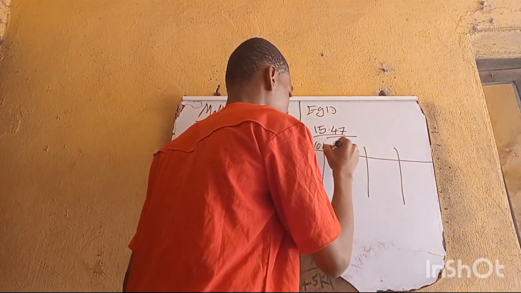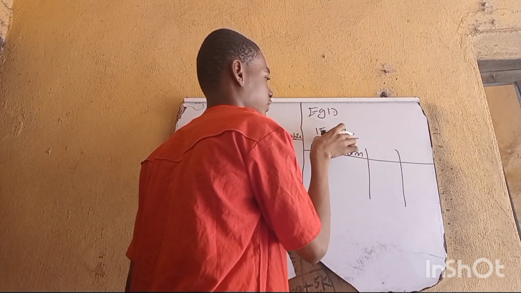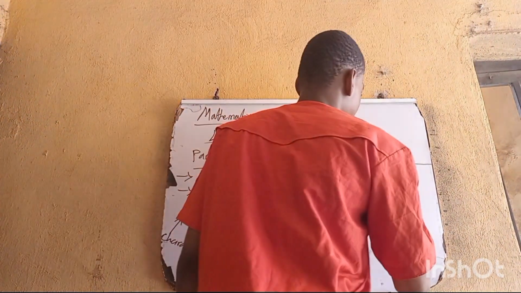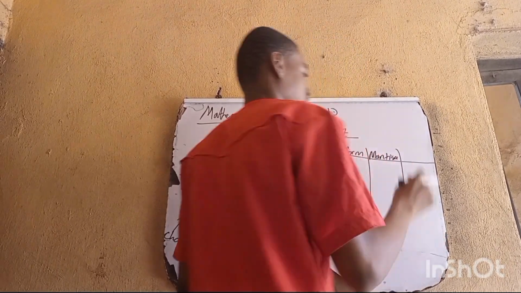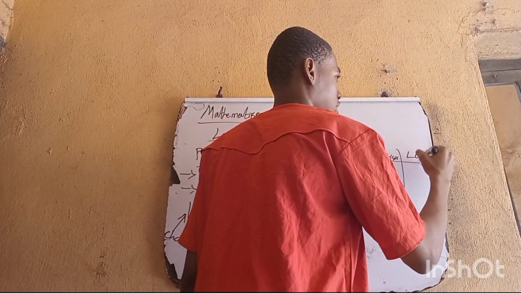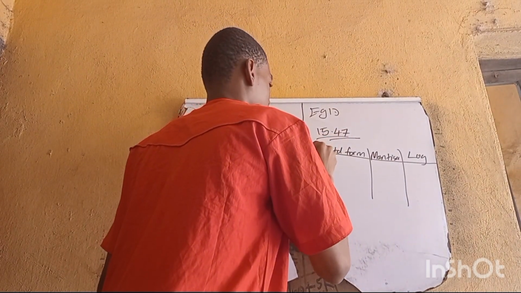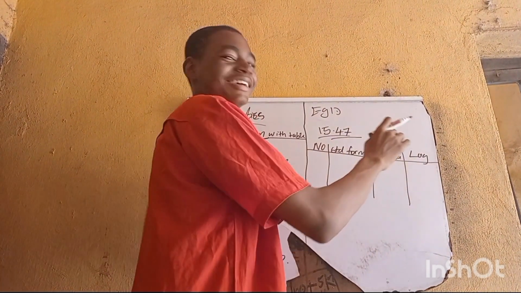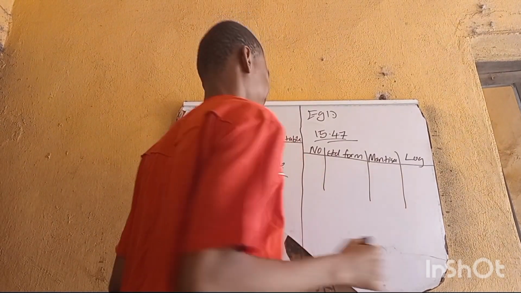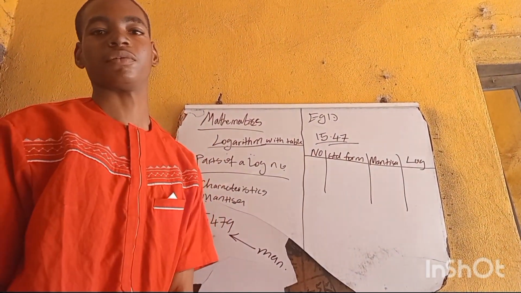In the second row, we are going to be finding the standard form of this number. The third row is the mantissa. The fourth row will house the logarithm. Normally it's just number and logarithm, but these two extra rows are to break it down for you.